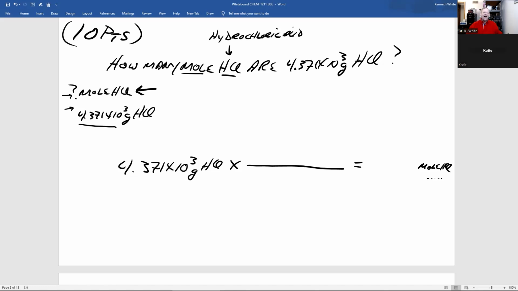Now, I'm going to let you use your good buddy, your good friend, unit analysis. What units go on top and bottom of that?